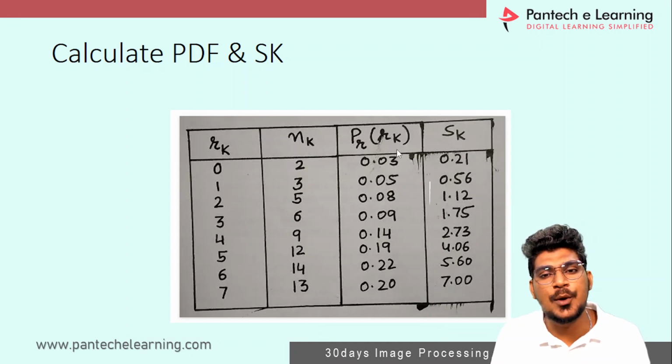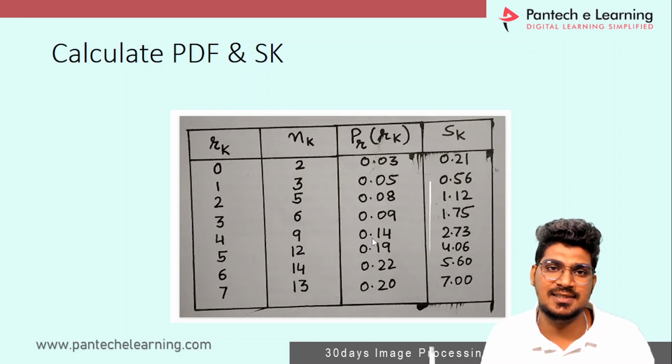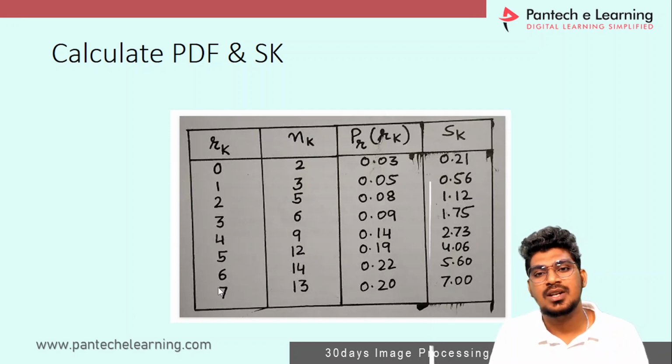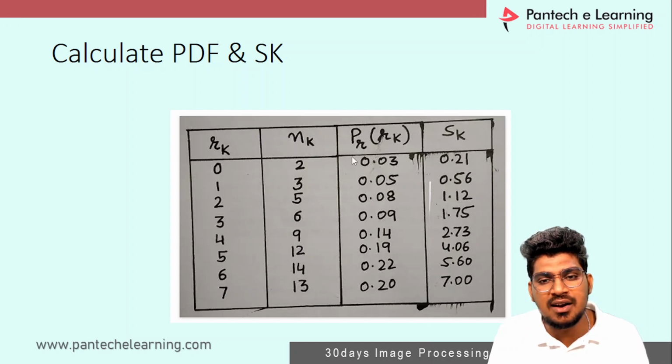After that you can get values like 0.3, 0.5 and 0.8, this kind of thing. After that you are going to multiply with this value 7, that is the highest gray level. That means sk is equal to this value multiplied by 7. How will this value be written?